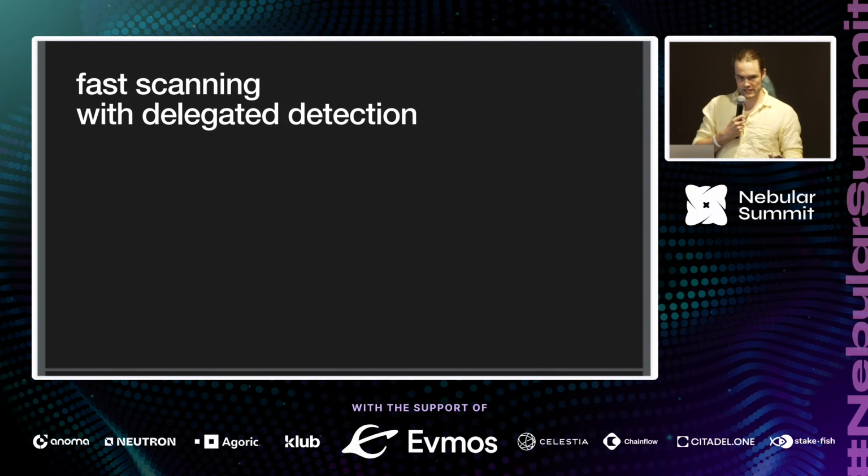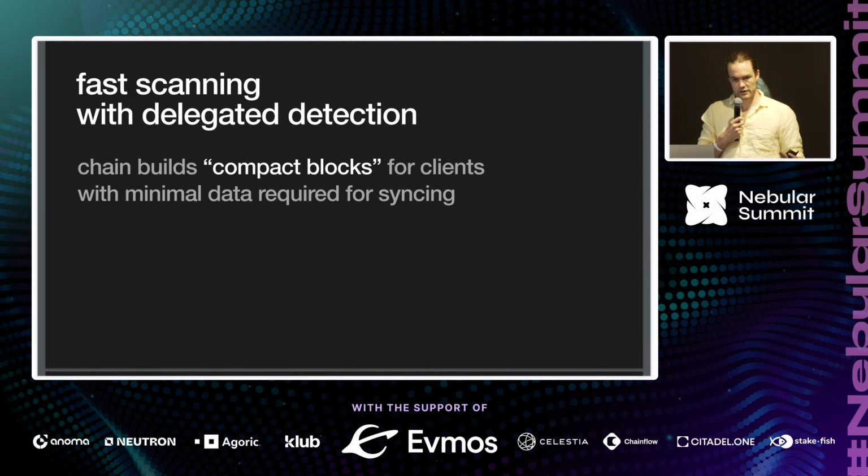So the first piece of this, so I mentioned there were the two pieces, which is detection and then tree sync. On the first part, we're trying to build a system that allows us to do fast scanning with delegated detection. So the first part of that is we have the chain build these compact blocks, which are a stripped down representation of the block that just has the minimal data required to do syncing and scanning.